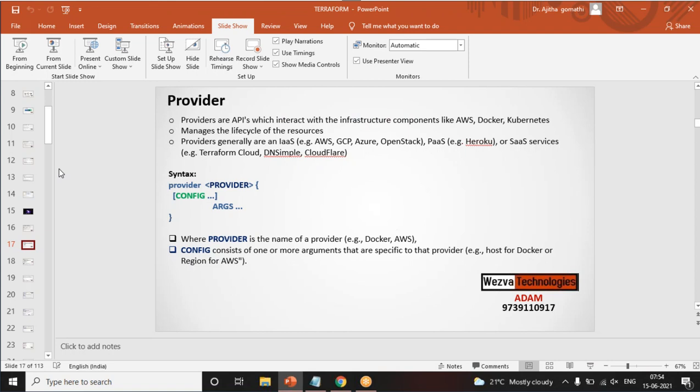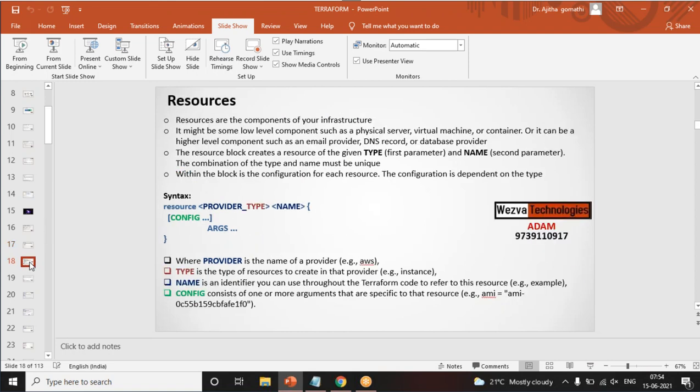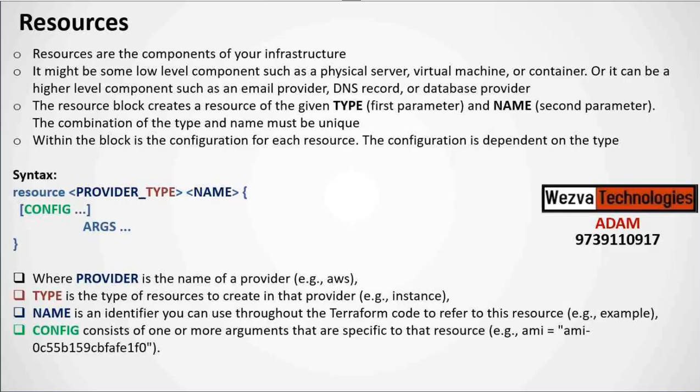Now, after the provider block, the next block that you are going to have is called a resource block. Usually, when you open your Terraform, you will have only one provider in the file, because for one infrastructure you will be connecting to only one provider. Even though you might need different things on different clouds, I cannot create a VPC in AWS and a machine in Azure.